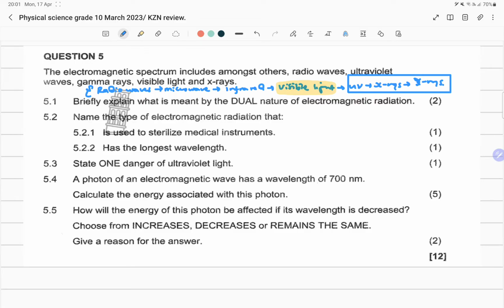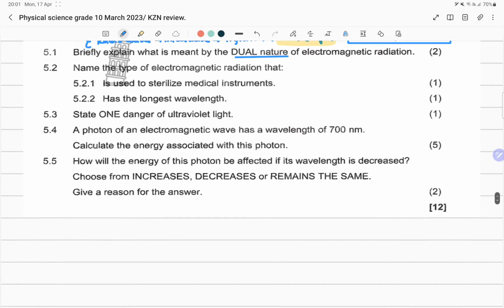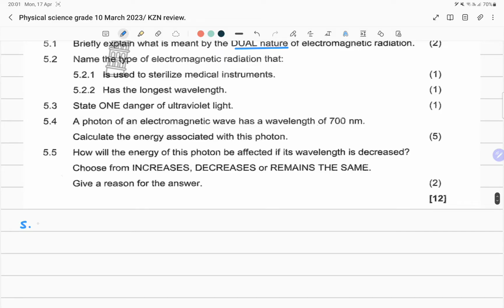Anyway, let us look at the next question. Briefly explain what is meant by dual nature of electromagnetic radiation. Well, we found out from our masters of the past that the dual nature basically means EM has both a wave nature, meaning, what do we know about waves?